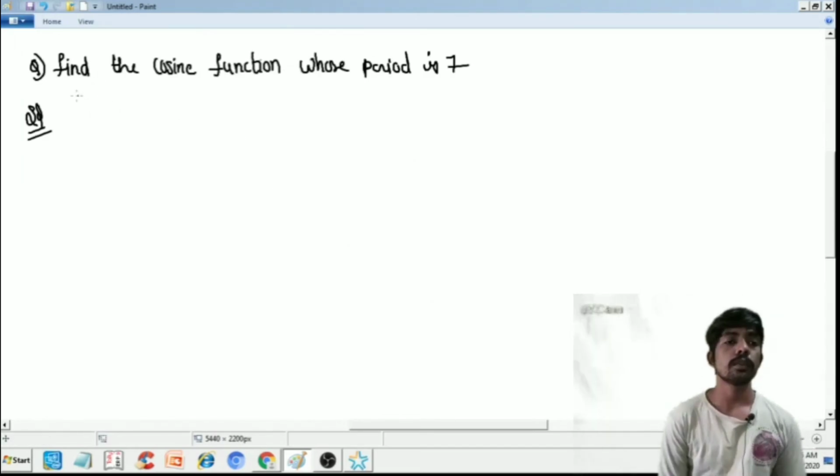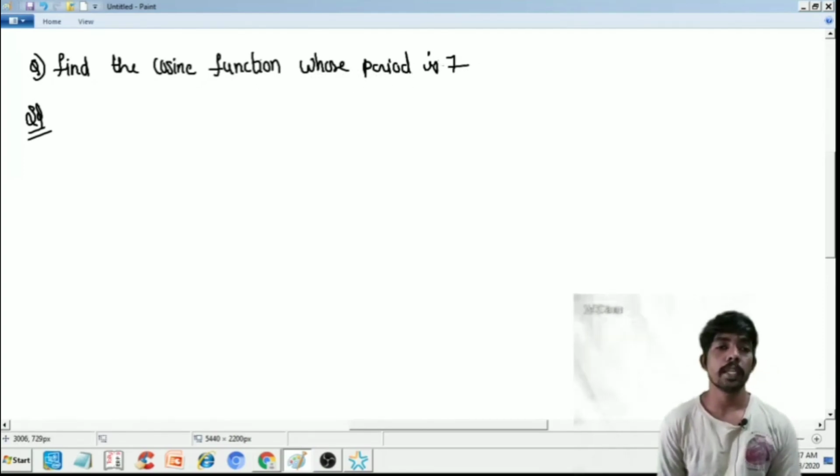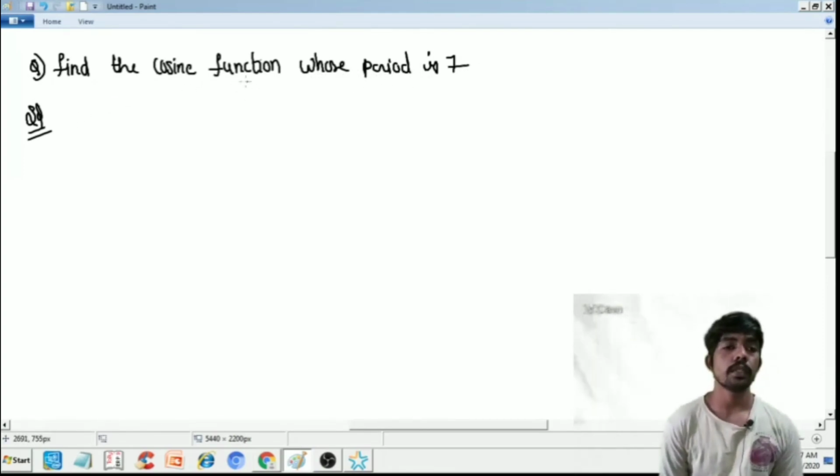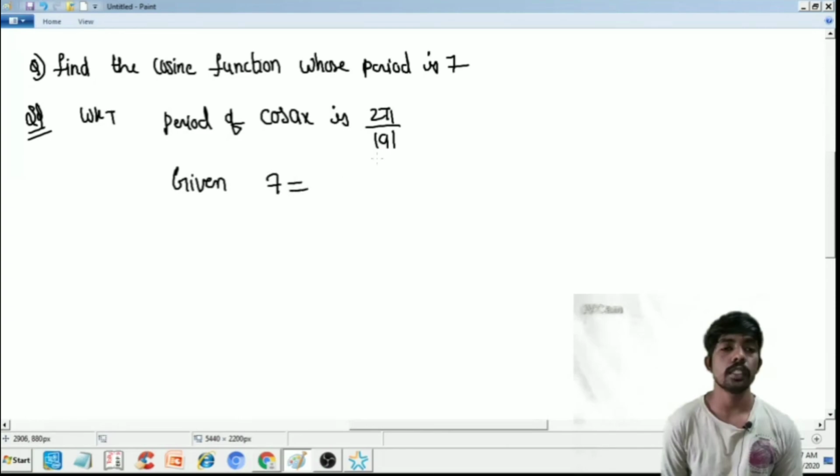Here in this question we have to find the cosine function whose period is 7. The period is given and it is asking to find the cosine function. Now we know that the period of cos ax is 2 pi by modulus a. So the given period 7 is equal to 2 pi by modulus a.